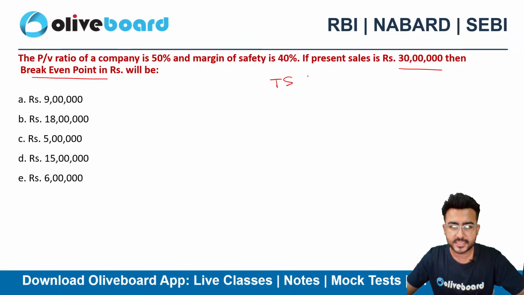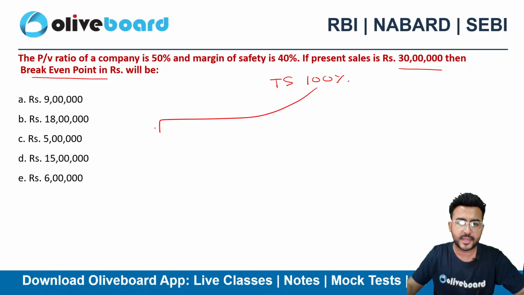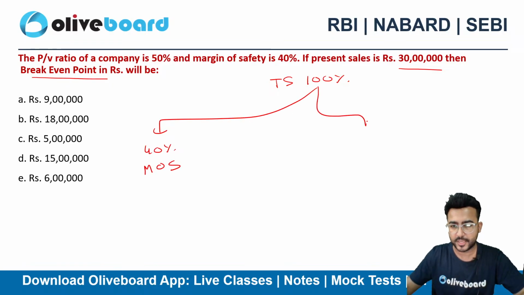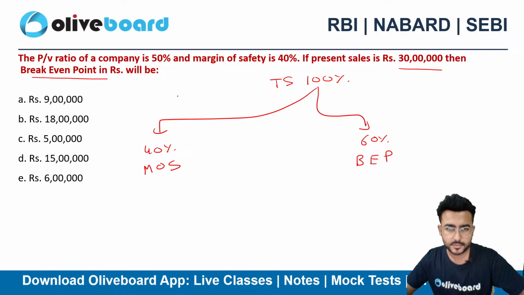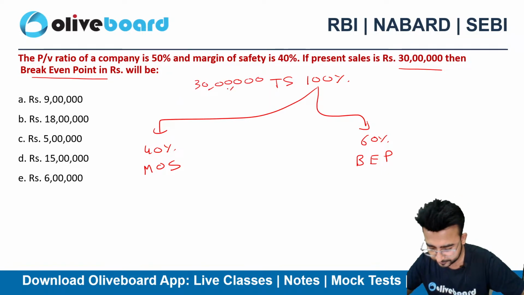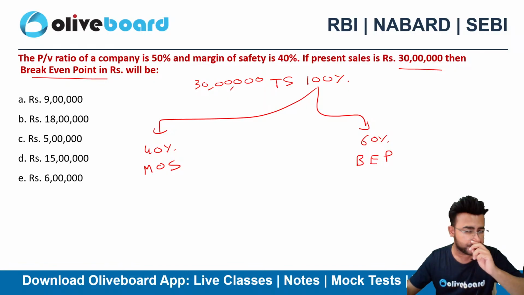If my total sales is 100%, out of that I am having 40% as margin of safety. What about the rest of the 60%? It must be break-even point sales. So 30 lakhs is my total sales. Now can you tell me the correct choice?